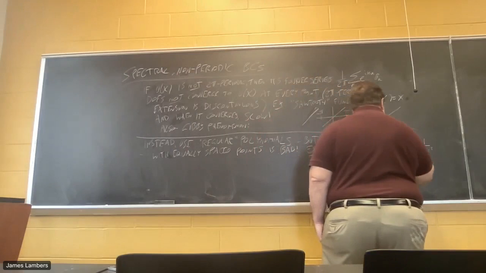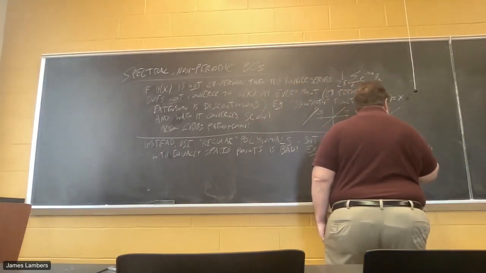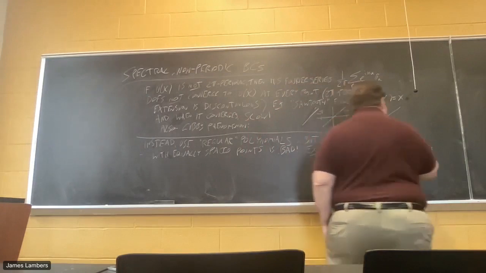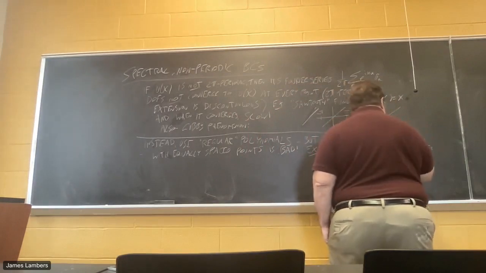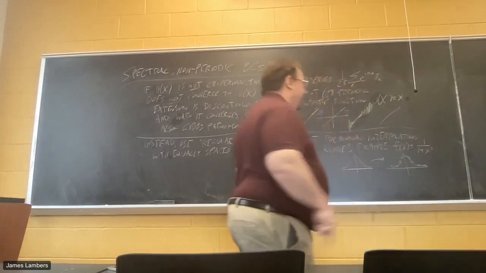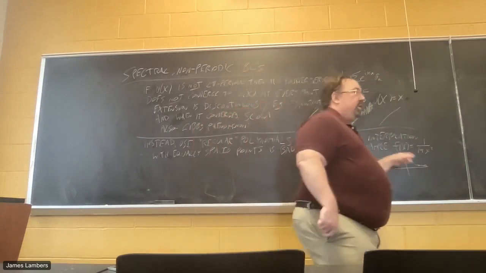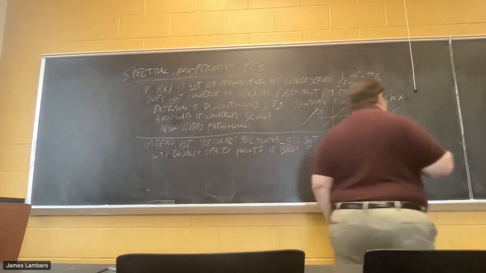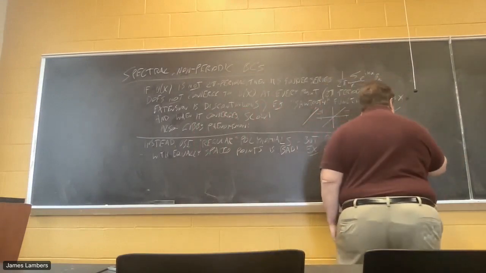What happens is, here's your function again, and your polynomial, if you interpolate at equally spaced points, will pass through all of these points that sit on the graph. The problem is what happens in between those points.